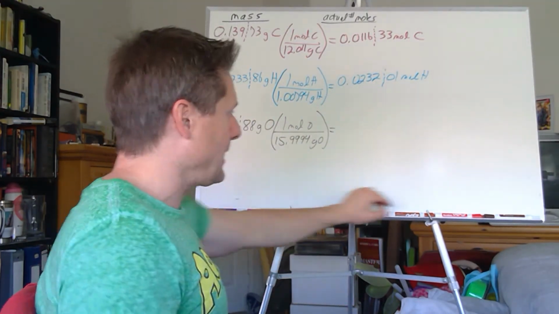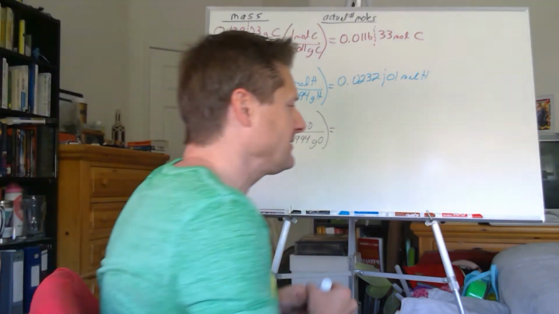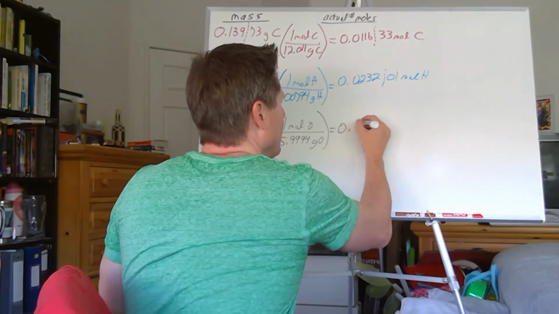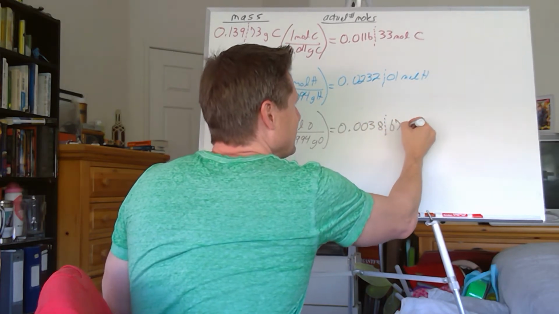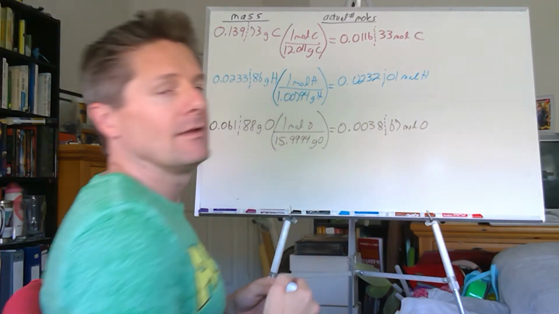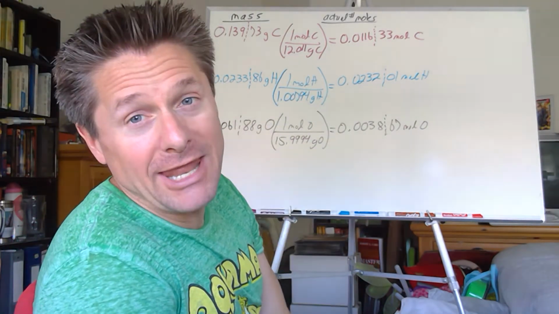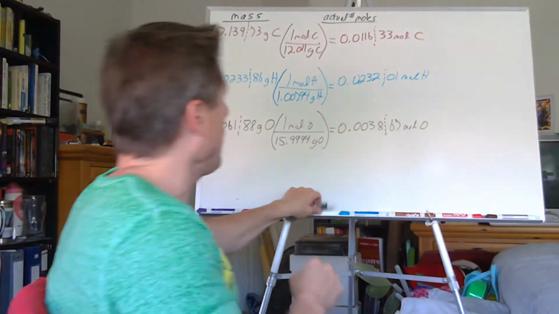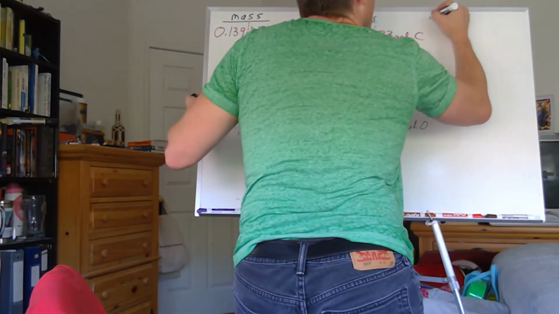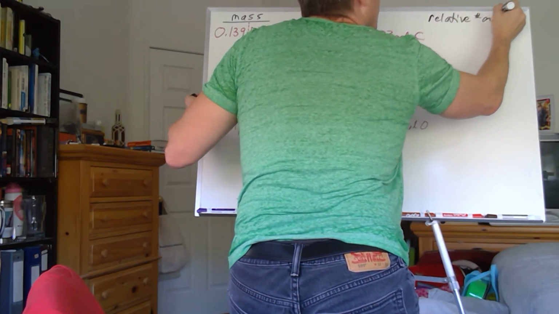Where's my color for oxygen? So for oxygen, take that divided by the atomic mass. I get 0.003867 moles of oxygen. Those definitely are not integers. They never are. So we need the relative number of moles. Let's make them all relative.